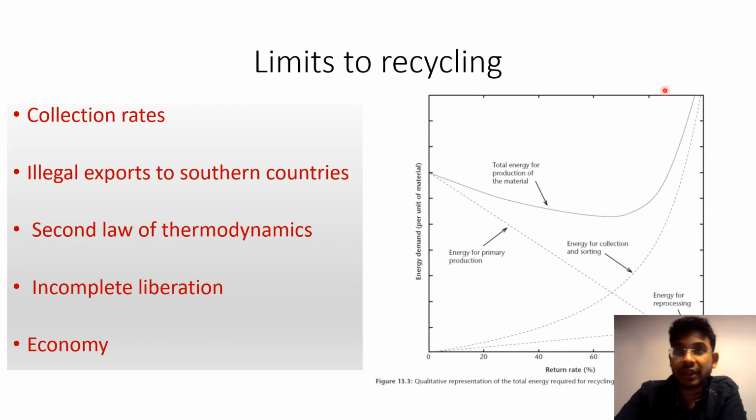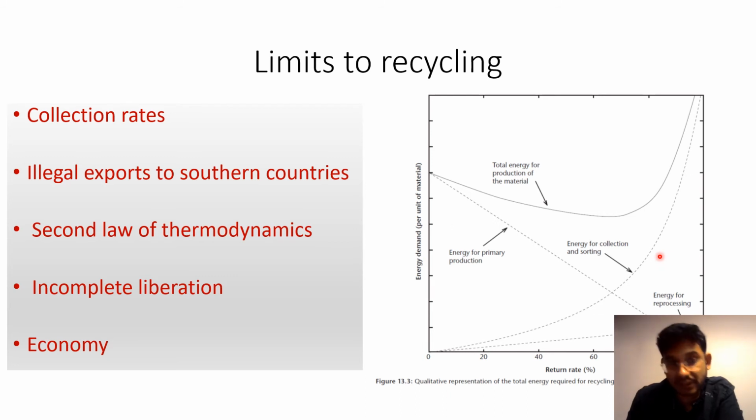Imagine you are using it in a product like a magnet in a wind turbine, which doesn't come out for 30 years. Then you don't have a lot to gain in recycled content because a lot of it is in the use phase. And if you want to infinitely increase the recycled content instead of completely shunning primary production, and if you still want to make more and more complex alloys, that's going to cost you in energy.